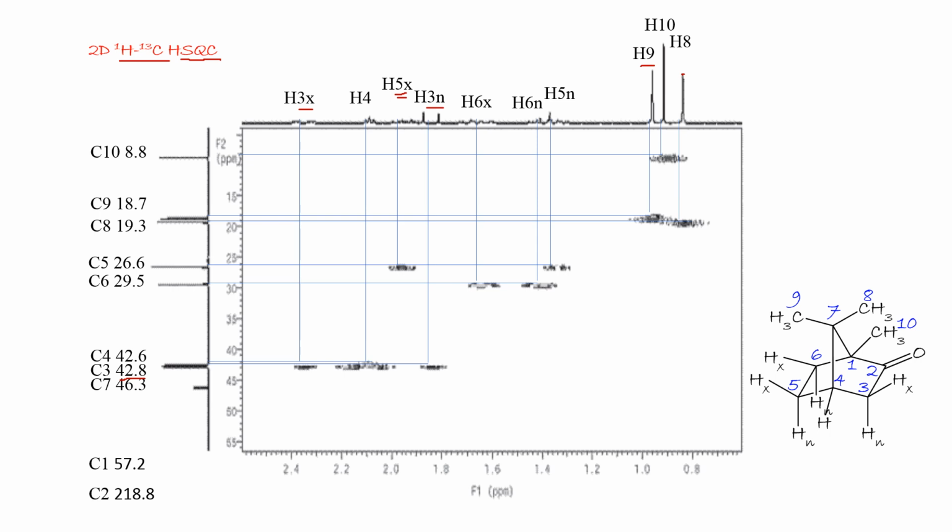Well, and C7 is quaternary, here at 46.3, C1 quaternary at 57.2, and again the carbonyl carbon as expected at 218.8.